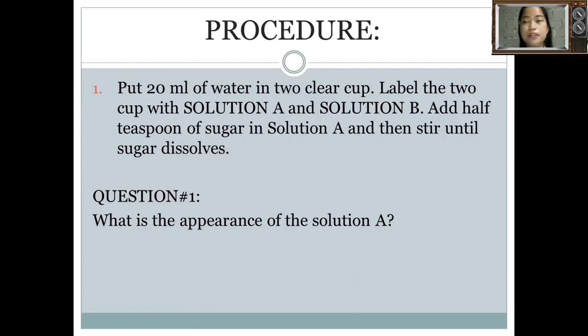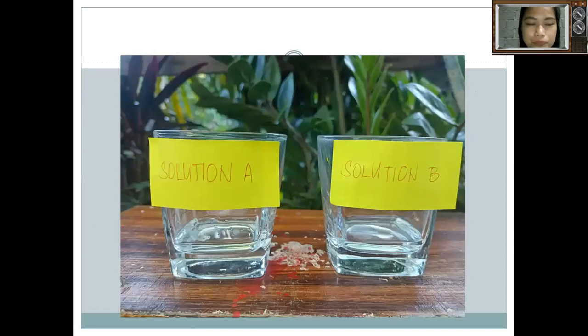What is the appearance of solution A? So we're going to look and focus on the appearance of solution A. So what did I do? These 2 glasses have the same amount of water, 20 ml, with labels solution A and solution B.